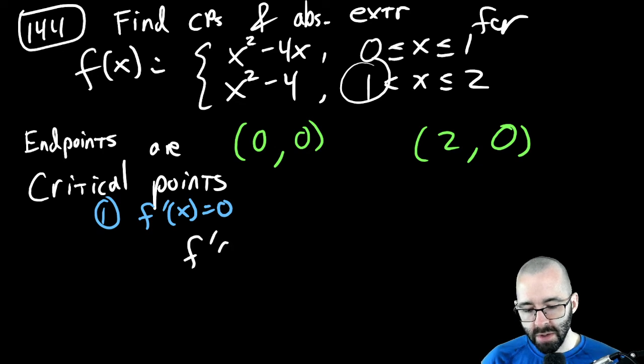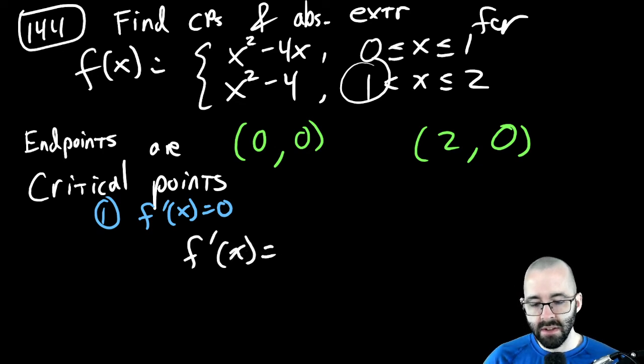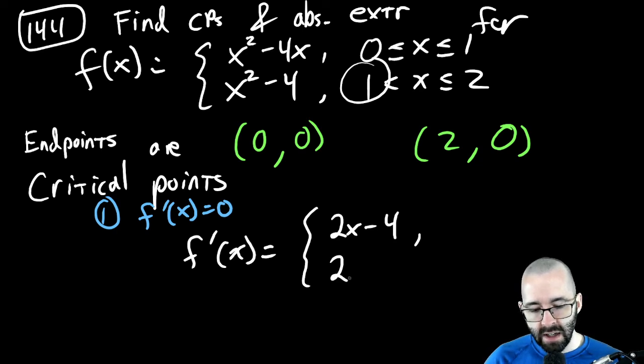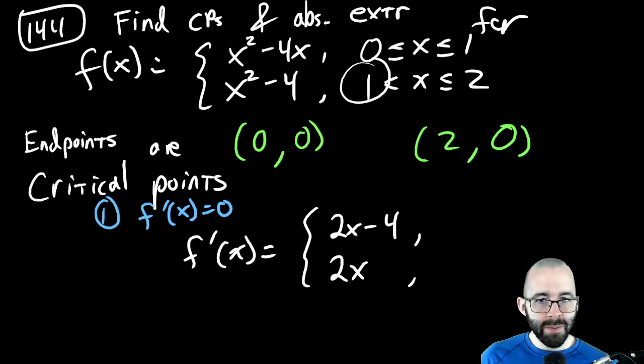We haven't talked too much about derivatives of piecewise functions, but the derivative will also be a piecewise function. It's going to be 2x minus 4, the derivative of the top piece, sometimes. It's going to be 2x, something else, and it may or may not be defined where they meet.